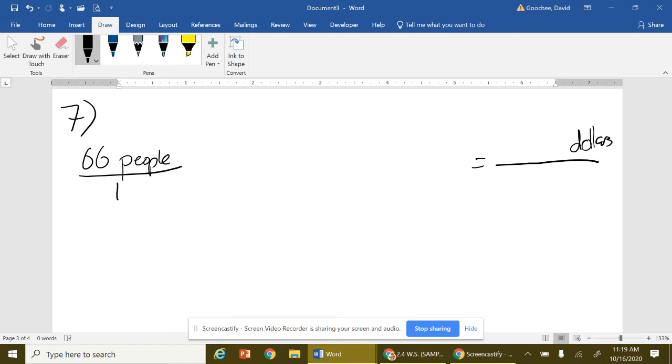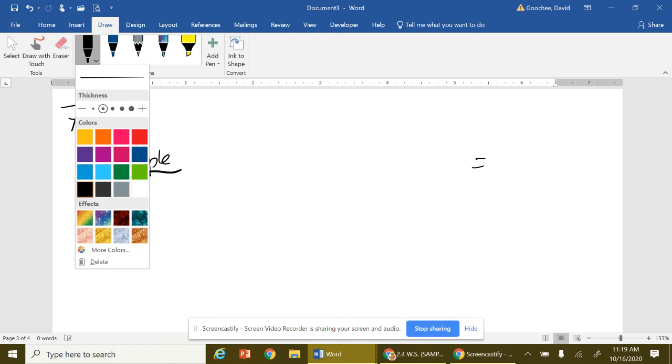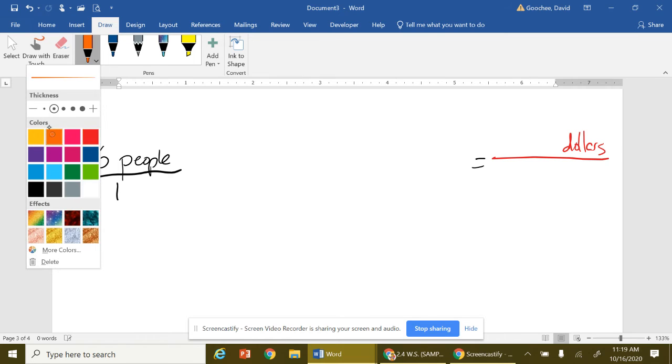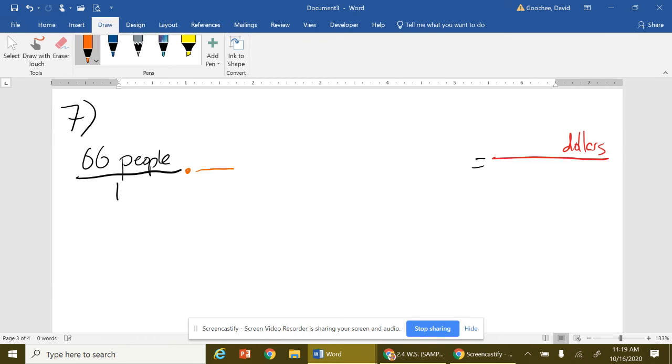So we got to get out of people. We want to get out of people, so we're going to do a fraction with people on the bottom.